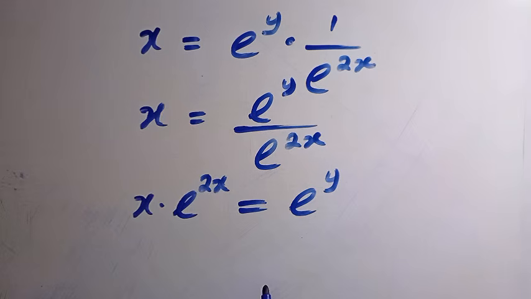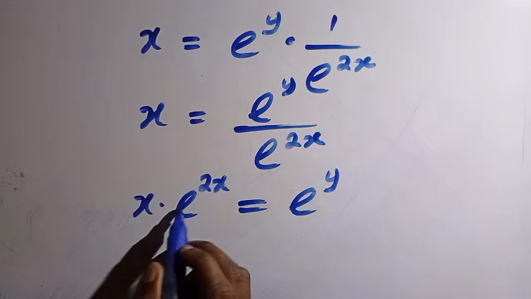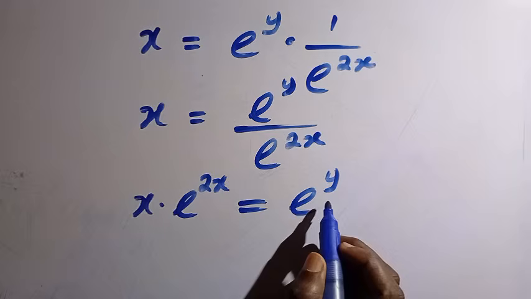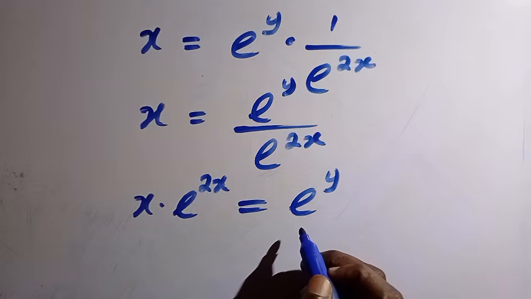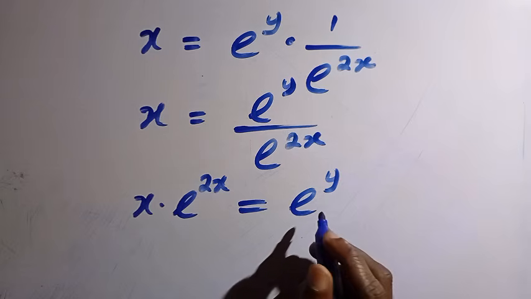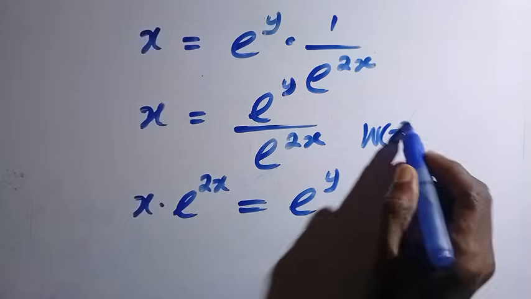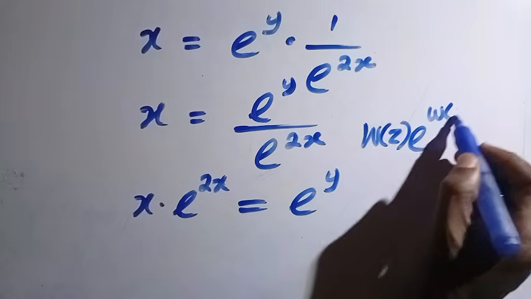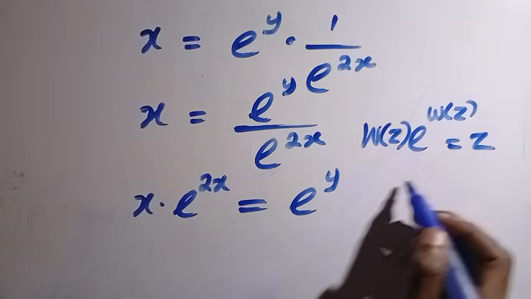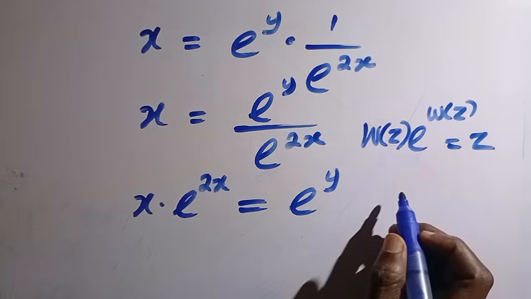Here it comes: x exponential 2x equals exponential y. What I need is to make sure it is in terms of the Lambert function. Remember the formula: W of z exponential of W of z equals z. Both of them must be the same.